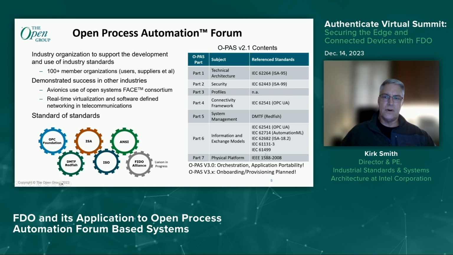And then the 1131 and 61499 function block ecosystem, we would ask the same questions from an FDO perspective. What information would need to be provided if you're going to onboard a runtime from one of these? FDO has a placeholder to specify what needs to be downloaded.